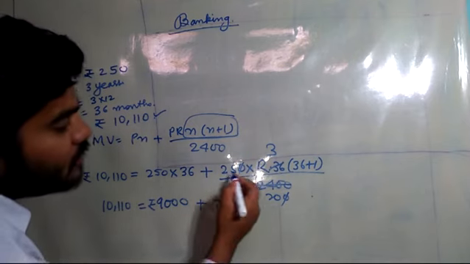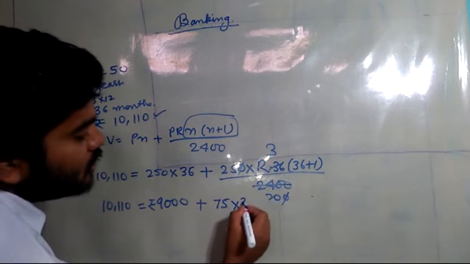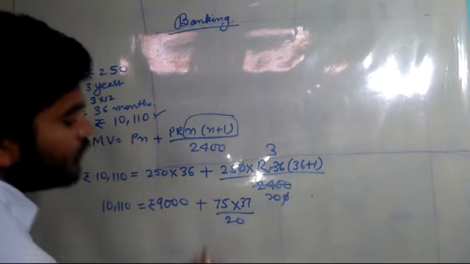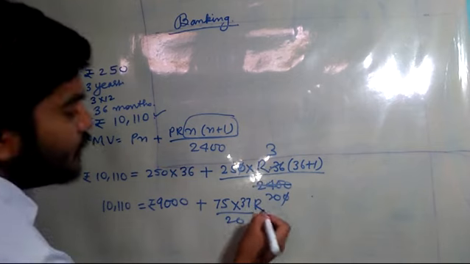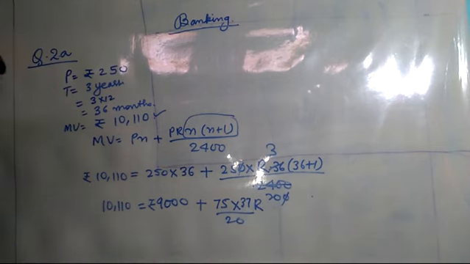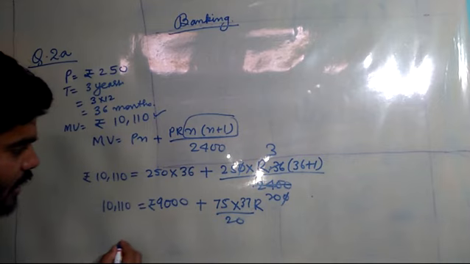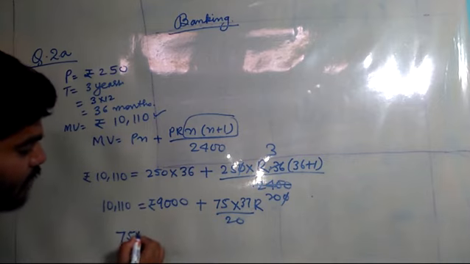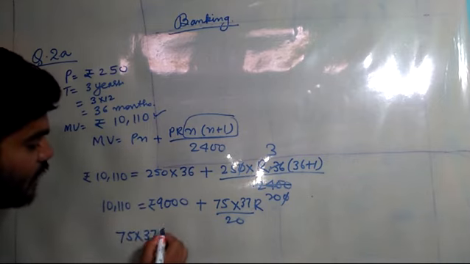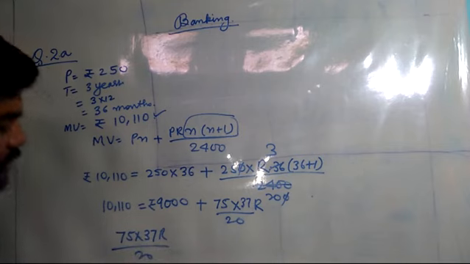Okay, we can cancel anyway. 25 into 3 into 37 by 20 into R. Rate will be there. Now after this, you can see if you will bring this on the right hand side. So 75 into 37 R by 20. This will become minus. You are bringing towards right hand side.